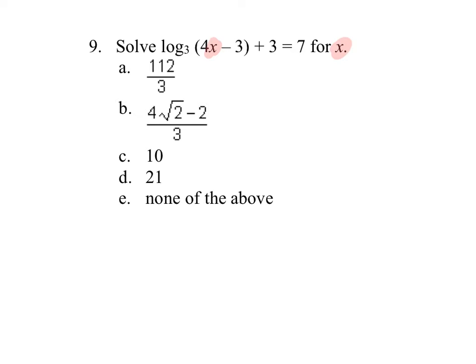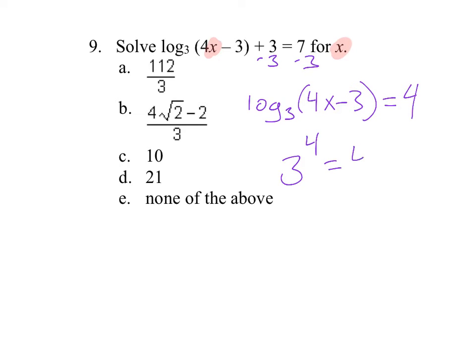Okay, so I've got to subtract the 3. That's how I'm isolating. So I'm going to have log base 3 of 4x minus 3 is equal to 4, 7 minus 3. Now I use my definition. The base to the outie equals the innie. Okay, so now what is 3 to the 4? 81.